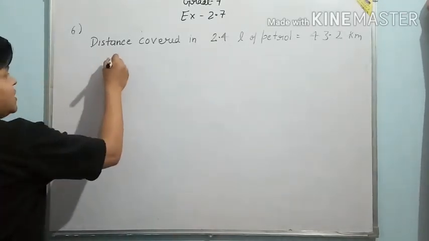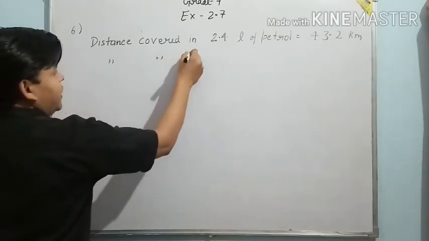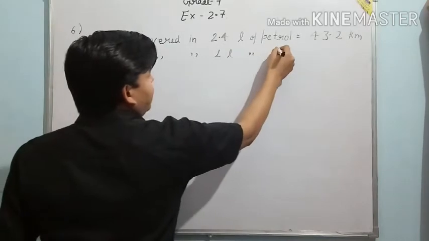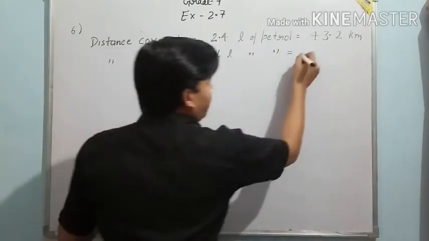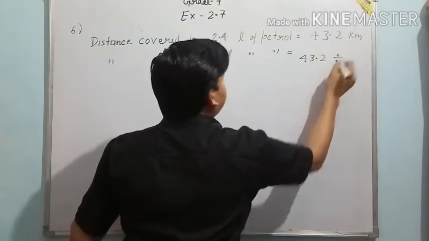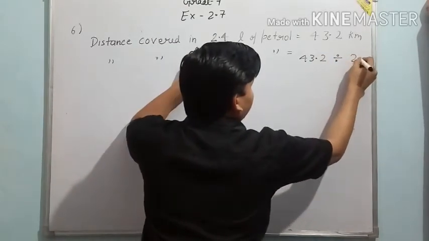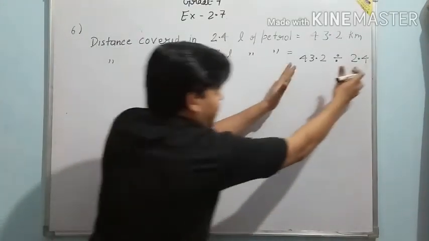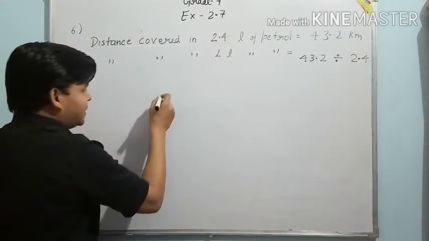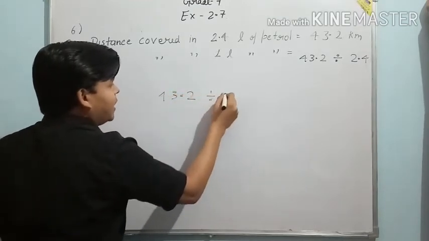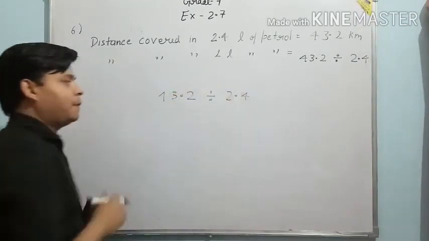So the distance covered in 1 liter of petrol will be 43.2 divided by 2.4, right? I'm just writing here to make you understand properly. This is 43.2 divided by 2.4, right?